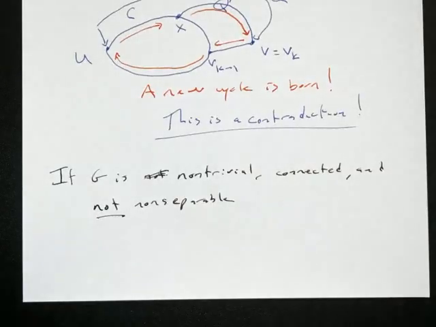So let's suppose we have a separable graph. Well, that means there are pieces that I could take apart. There's a cut vertex or a bridge or something there, right?